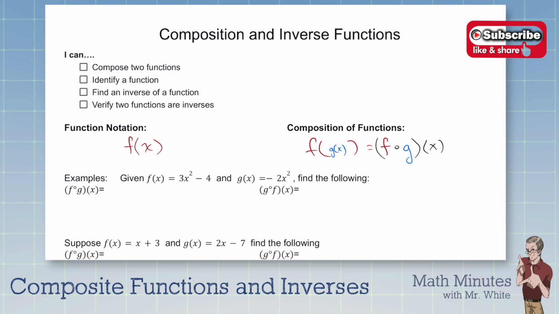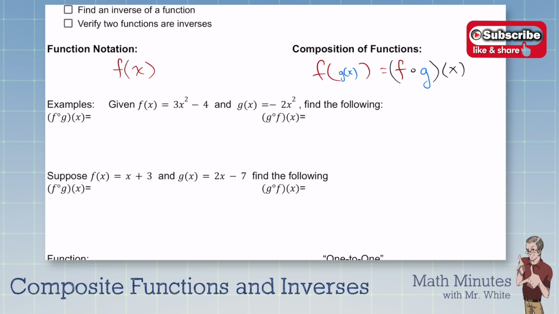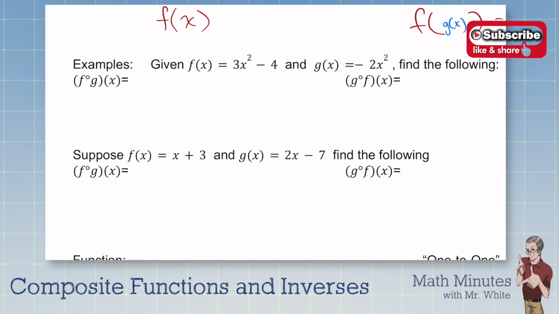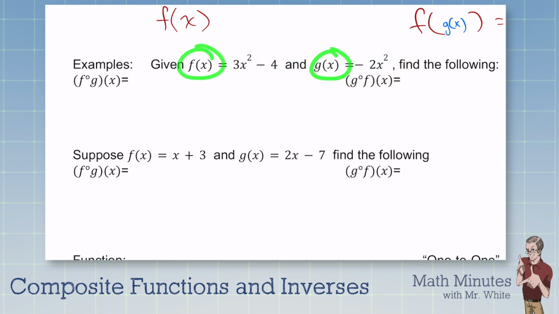So I know it looks like fog, but it's f composed of g, where x is the independent variable where we put things. So if you look down below here, we have a couple functions, and that's one of the advantages of function notation is that you can give them names like f and g, and we know exactly where to look. So for example, if I asked you to find f of 2, you would know to put 2 in for x here.